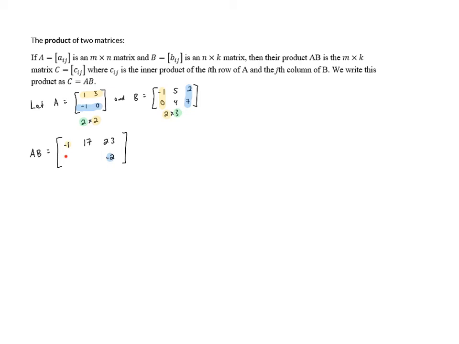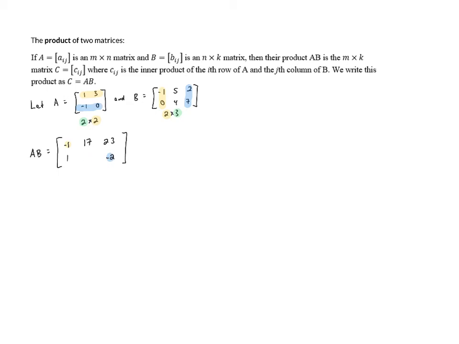For the next element, we're in the second row and the first column, so we need to take the inner product of the second row of A and the first column of B. Negative 1 times negative 1 is positive 1, 0 times 0 is 0, and 1 plus 0 is 1.